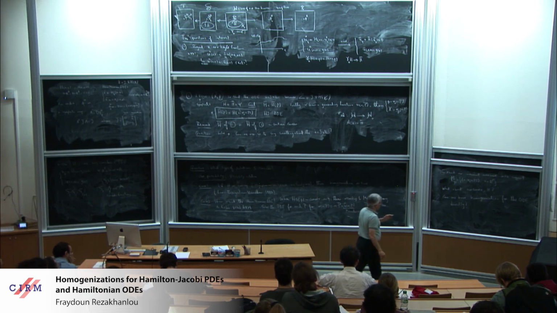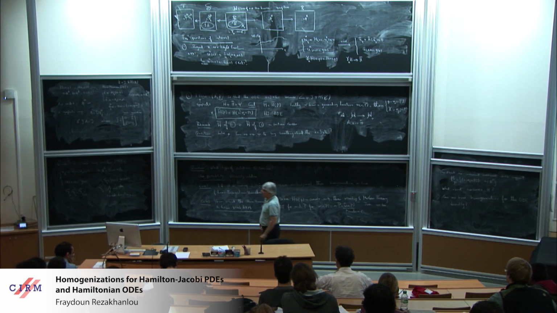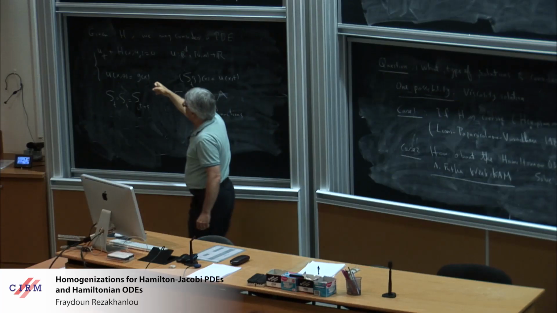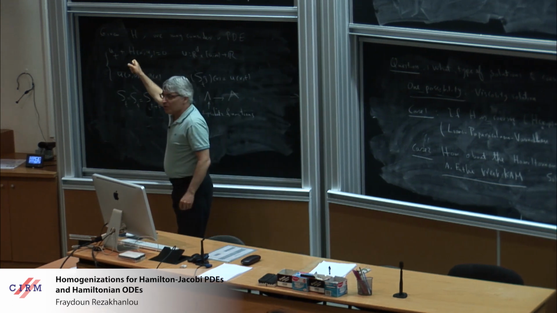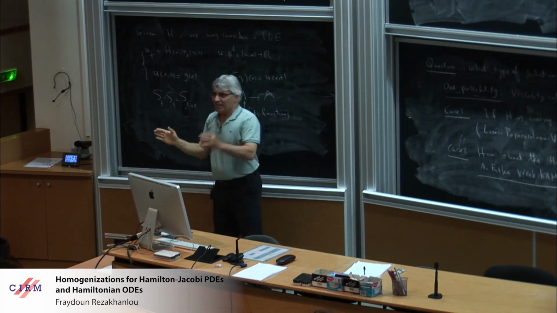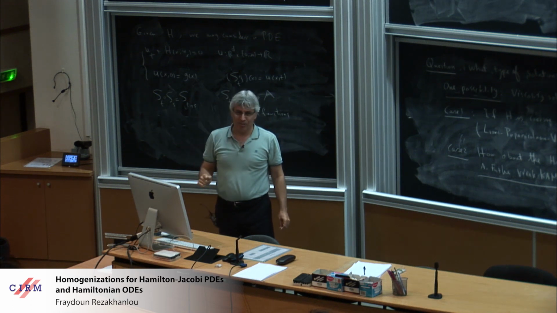So the attempt would be to come up with a different notion of homogenization, which is different from the homogenization that I stated for the corresponding Hamilton-Jacobi PDE, or maybe I change the notion of solution to this Hamilton-Jacobi PDE. Maybe I come up with a different notion of solution that is compatible with the corresponding Hamiltonian ODE, even when H is not convex in momentum.